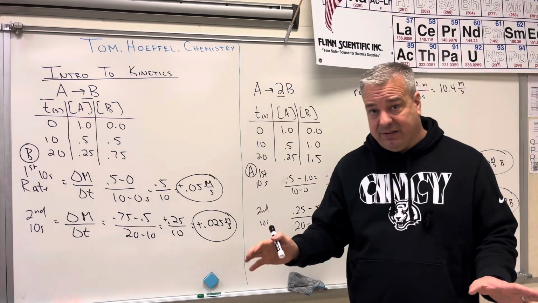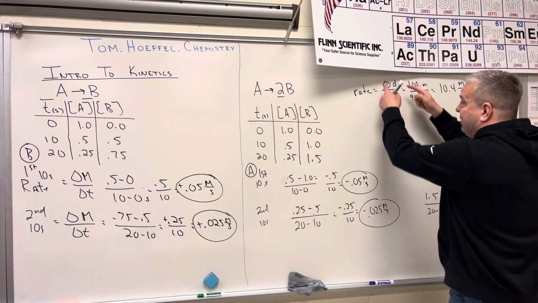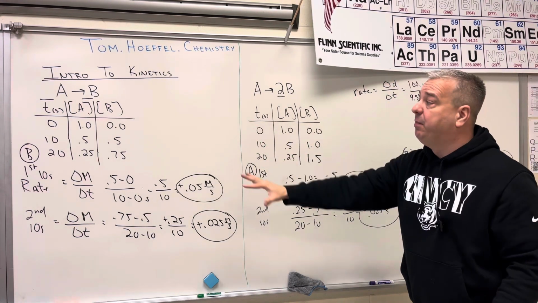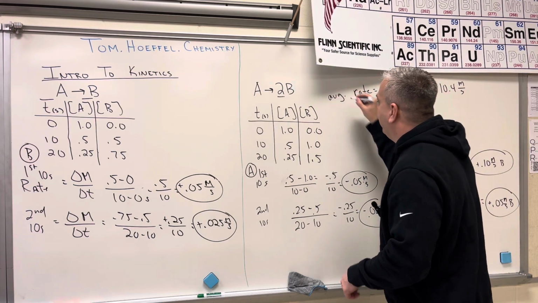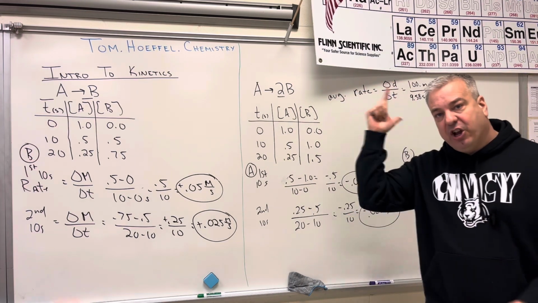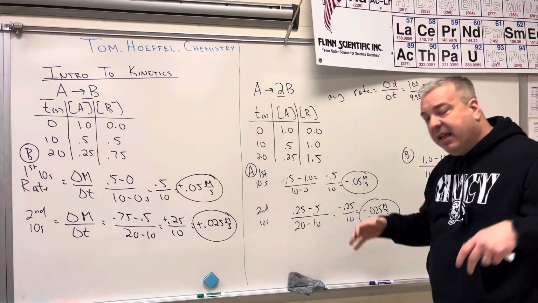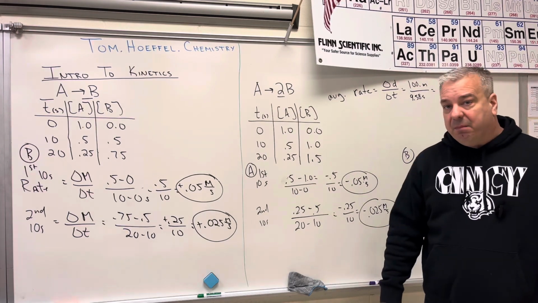Now, what I want to say is, when we do this change in distance or change in molarity over the change in time, like we've been doing on the board, this is actually an average rate. Because when the gun goes off in the race and Usain Bolt takes that first step, he's not moving 10.4 meters per second.